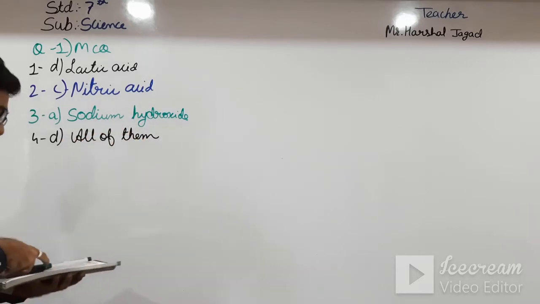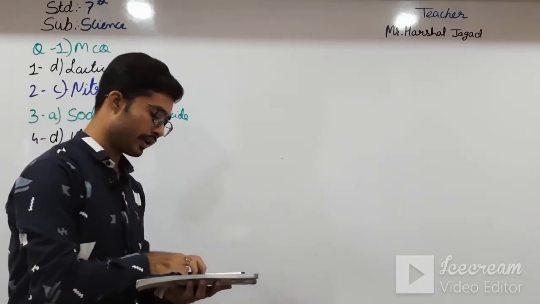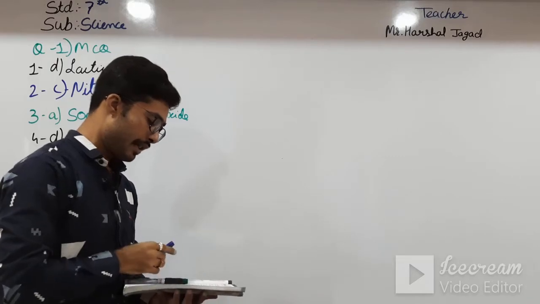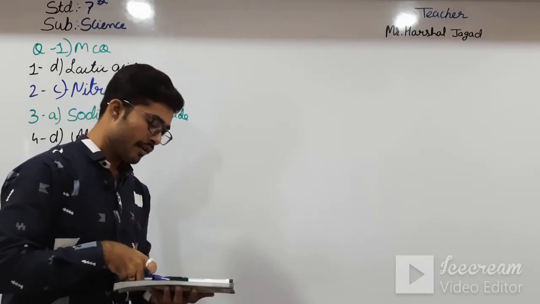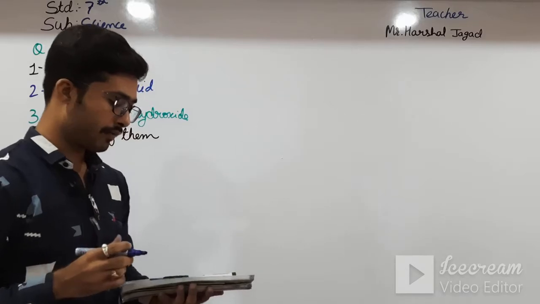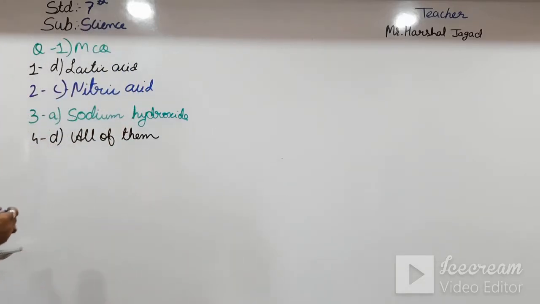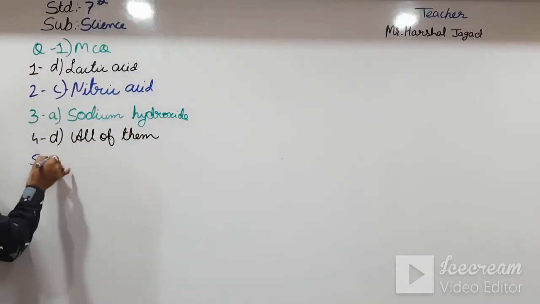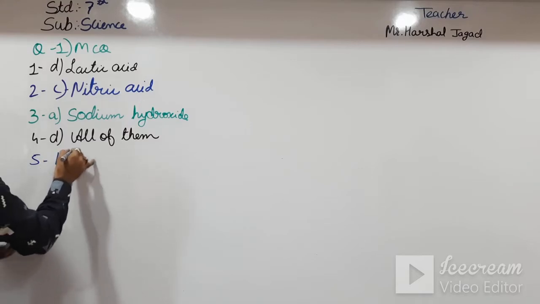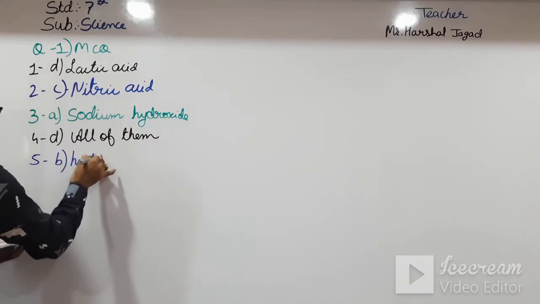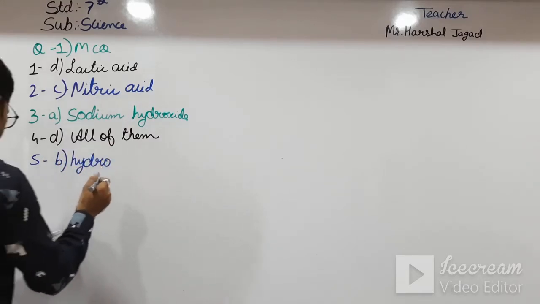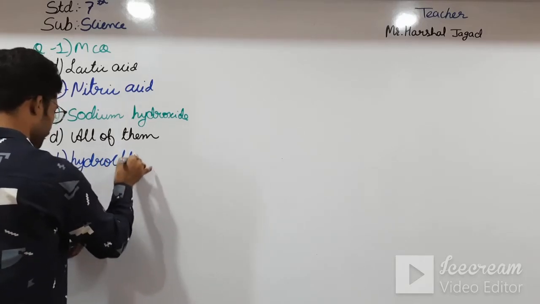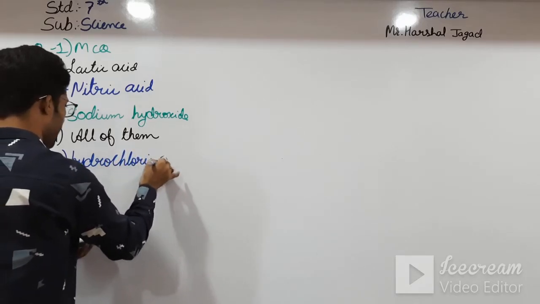Fifth, which one of the following is not used as an indicator? Litmus is used as an indicator, phenolphthalein and methyl orange too, then comes hydrochloric acid. The fifth one is B, hydrochloric acid.